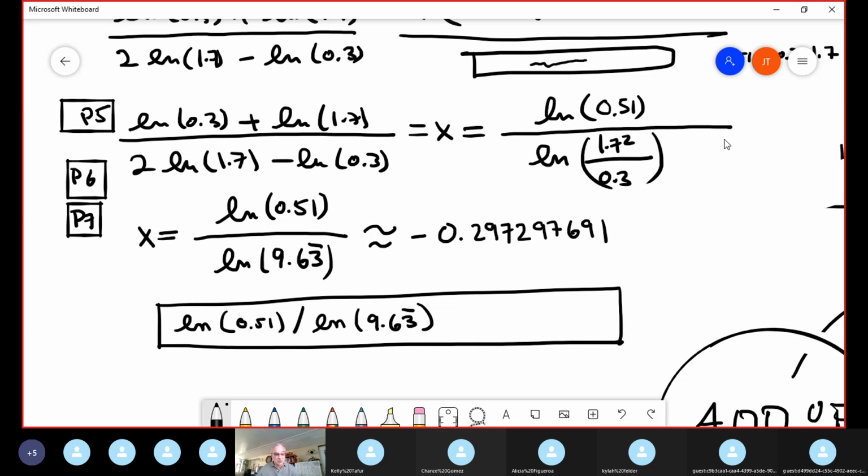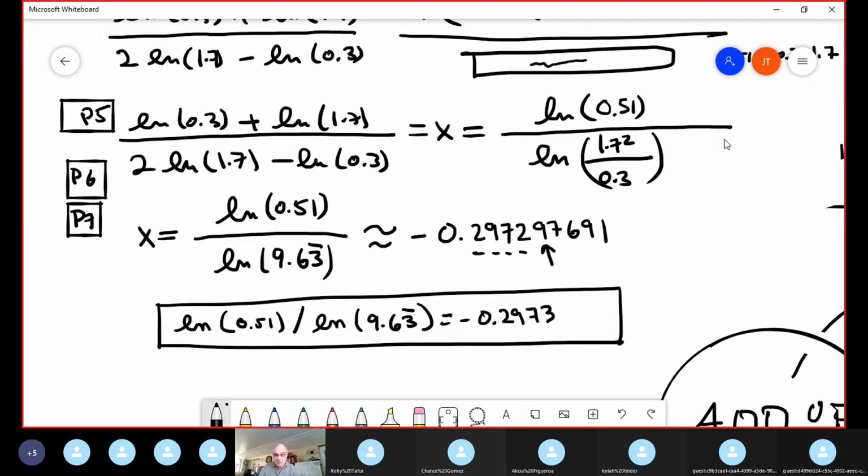Wow, too many digits. Suppose that we need to round to the nearest 4 decimal places. 1, 2, 3, 4. The next digit is 9, so you increase this by 1. So the answer is negative 0.2973, no? Okay, any question?